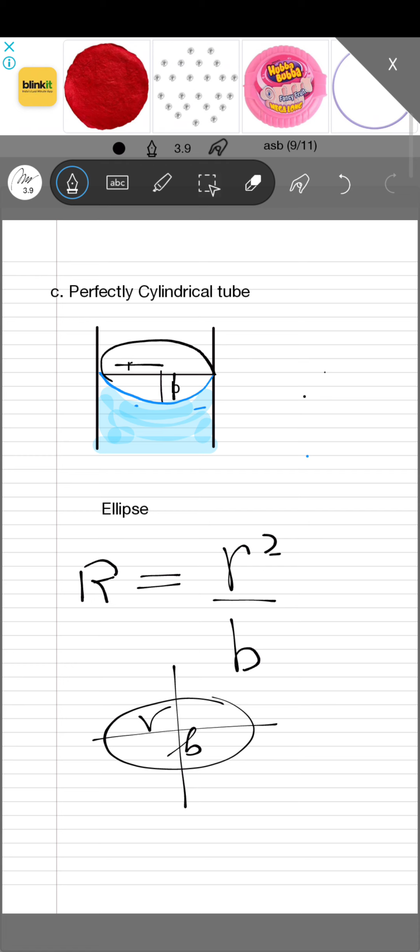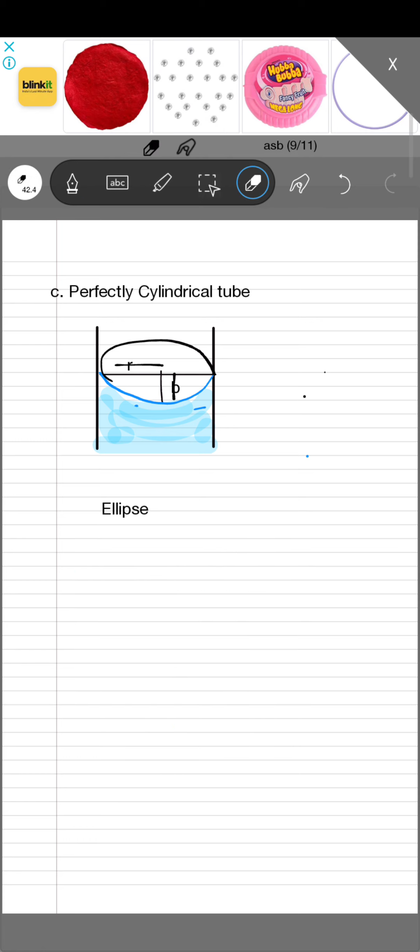Now what we do here, we equate the resultant force, that is 2 pi r S. This is the resultant force which is acting upward along the circumference of a circle of radius r, to the weight of the liquid raised.